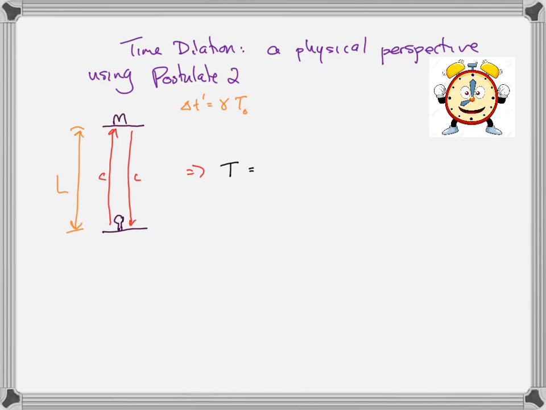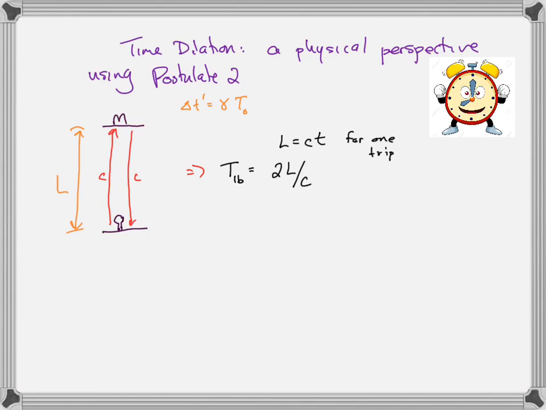Okay, but it goes up and back, so the time is 2L over C. So the total time is 2L over C. Let's call that in the frame of reference of the light bulb. Let's call that LB for light bulb's frame of reference.